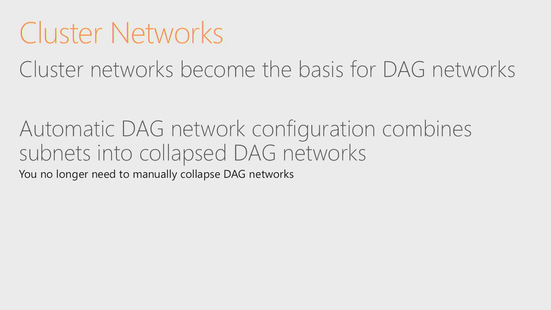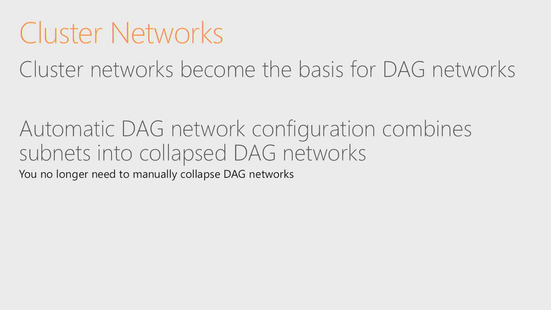Now, one of the things that happens here, the Exchange DAG actually takes the feedback that you give it through DAG network management and sets the appropriate cluster flags. If we have a network that's been detected in Exchange and has been marked as MAPI, we set the MAPI flag to true, and the replication flag is either set to true or false.